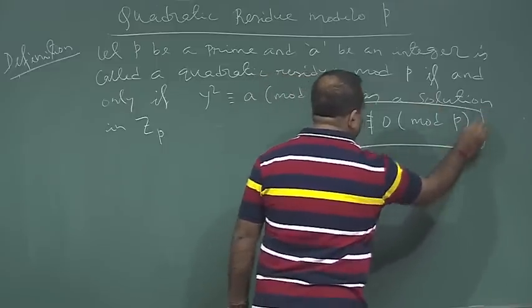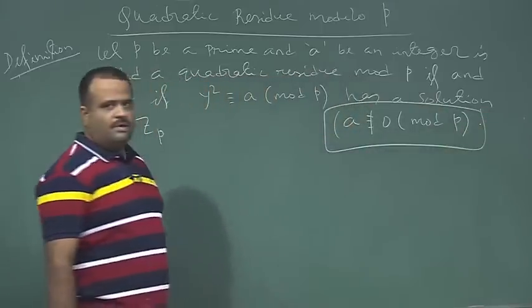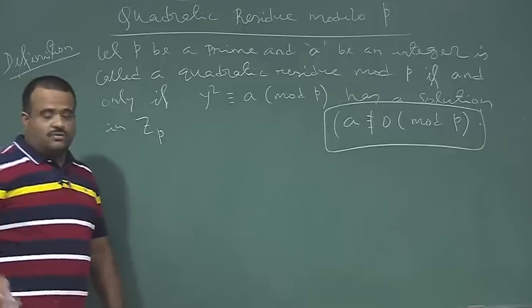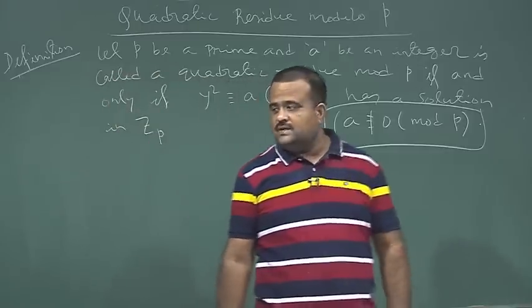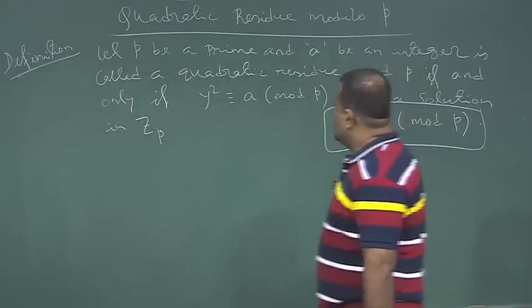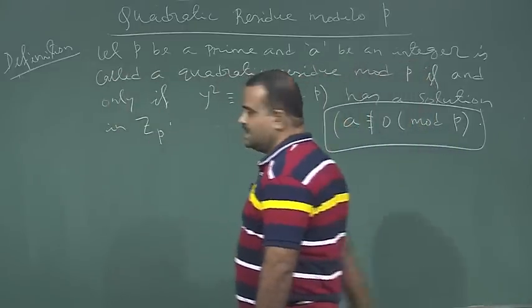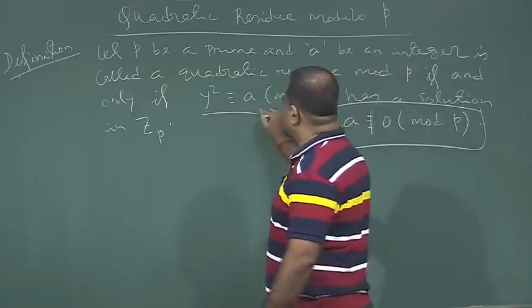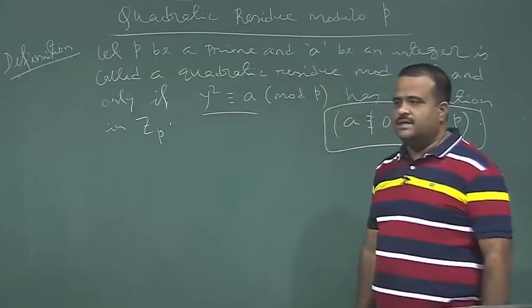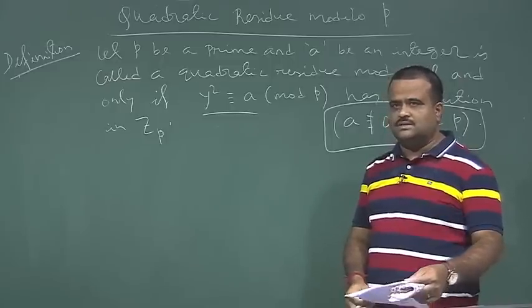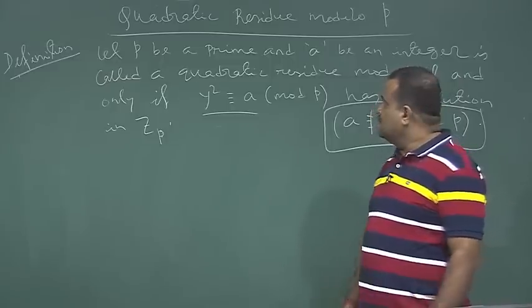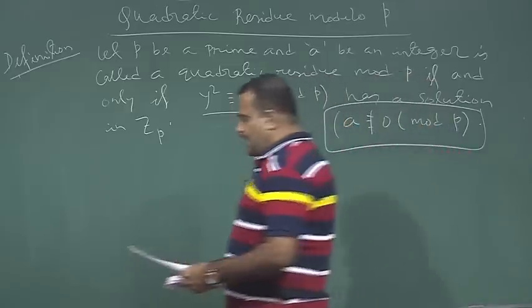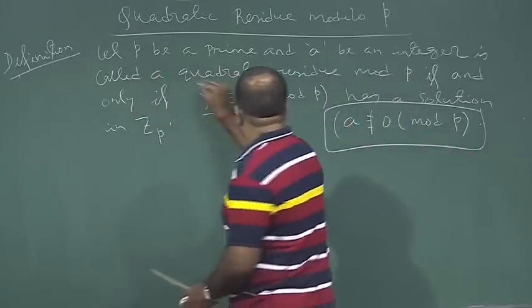So a has a square root, and that square root is y. If this equation has a solution, then we call a a quadratic residue mod p.